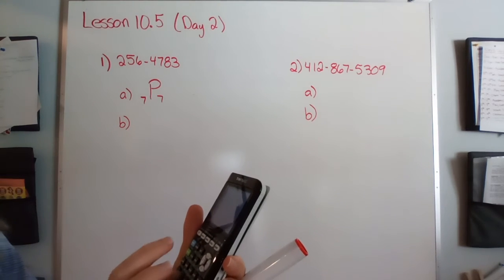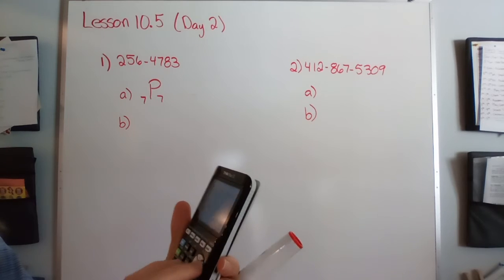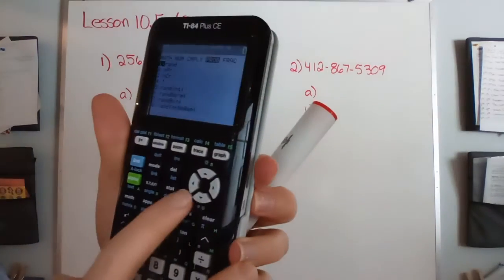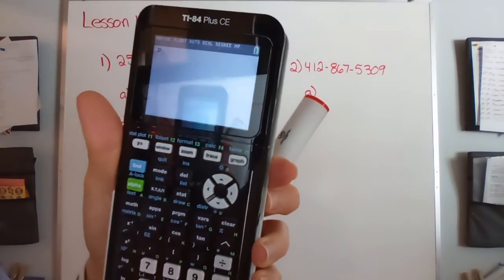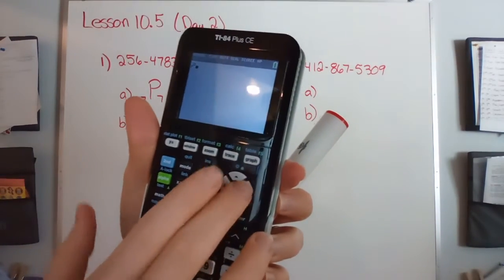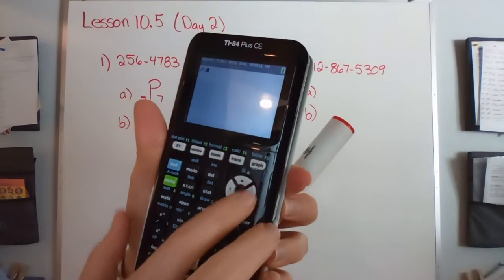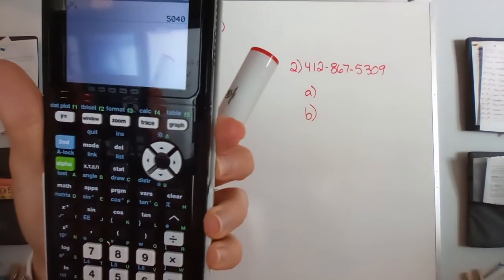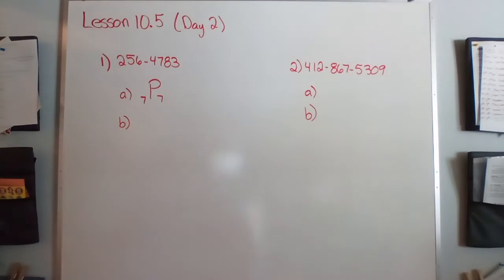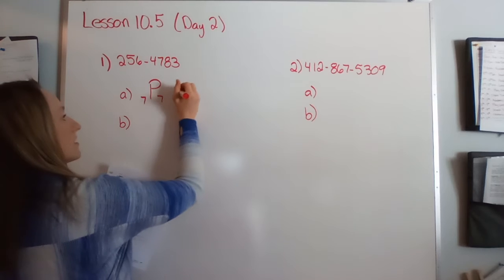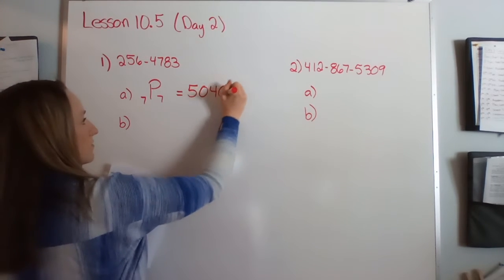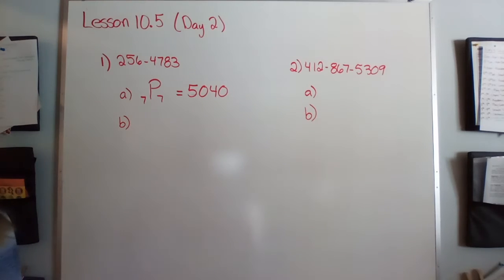If you hit math, go over to prob, go down to option 2 or just push 2. 7 objects taken 7 at a time, and you get 5,040. So that would be 5,040 different ways to rearrange the 7 numbers in that telephone number.